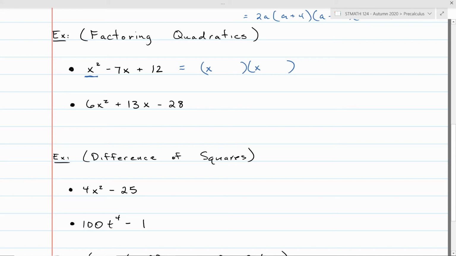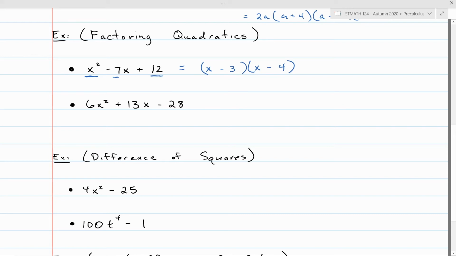Well, x squared clearly has to be x times x, right? That's the only way you're really going to factor that. And then you think about how you factor the constant term 12. And whatever the factors of 12 are that you find, they have to add up to what the middle coefficient is. So if I want two numbers that multiply to 12, but then add up to negative 7, I'm thinking negative 3 and negative 4 here, because negative 3 times negative 4 is positive 12.